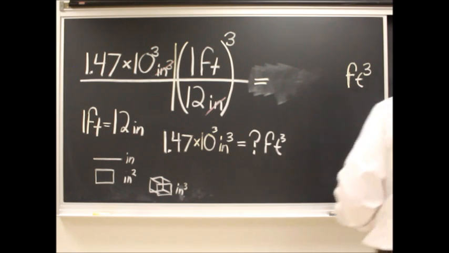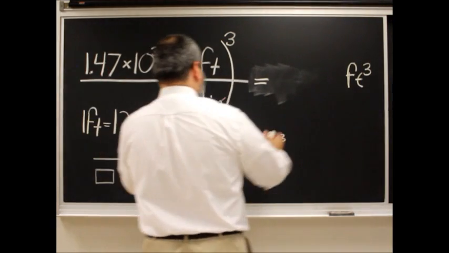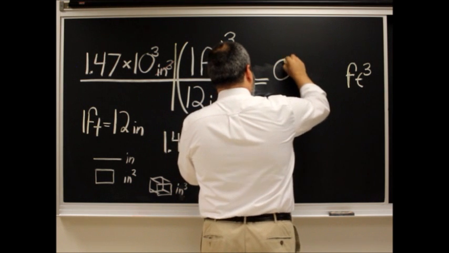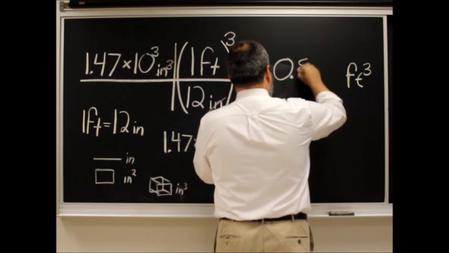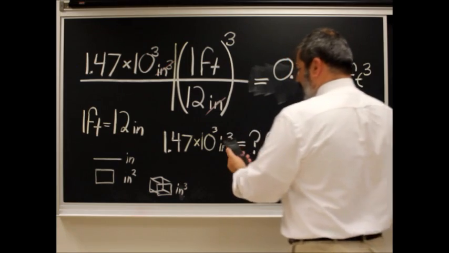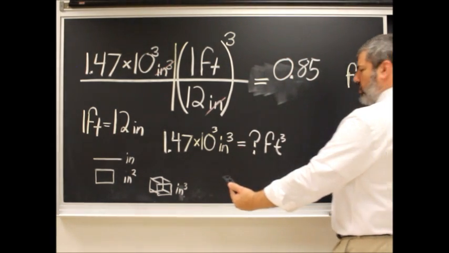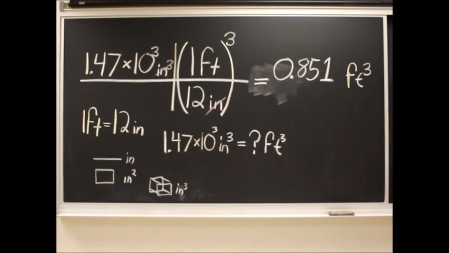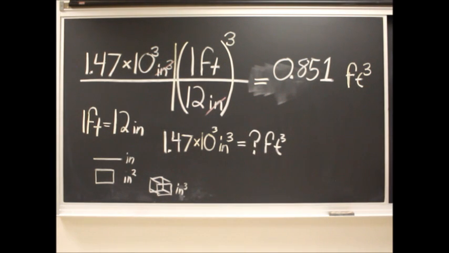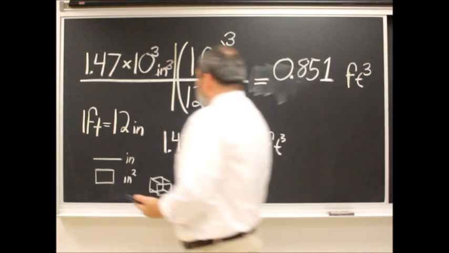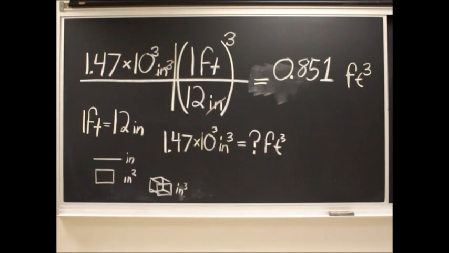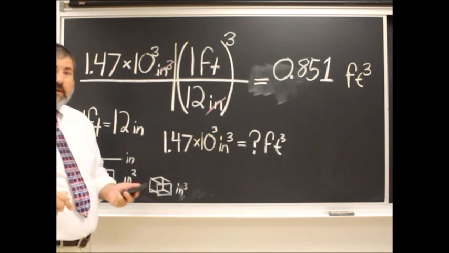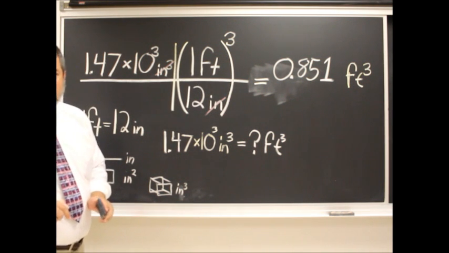So that comes down to, when you do the math, 0.85, and when we round it to the right number of significant figures, 851 cubic feet. We didn't have the right conversion factor to solve this problem, but we derived it on the fly.